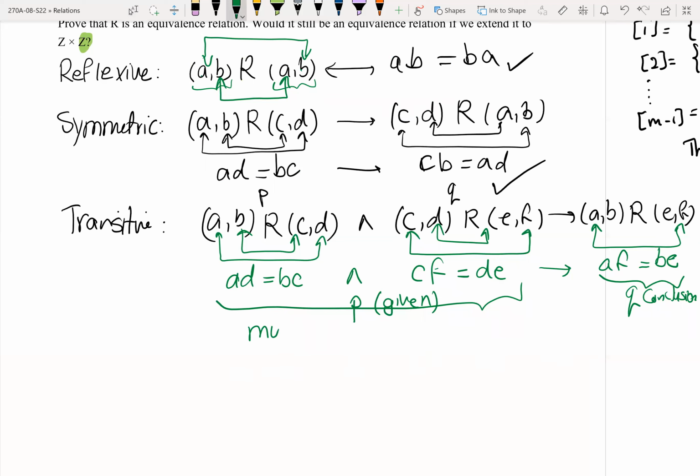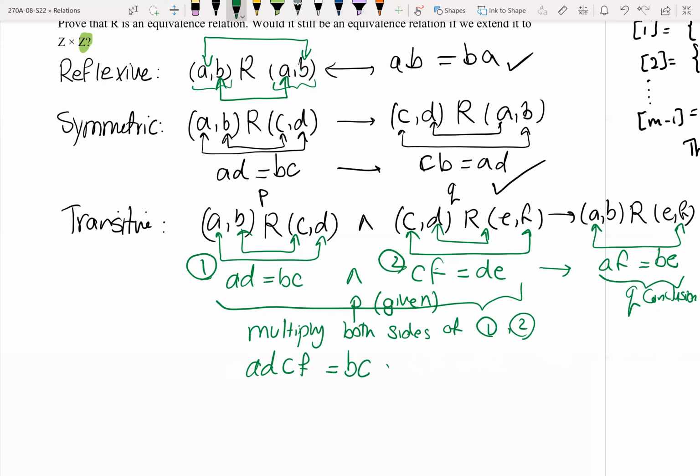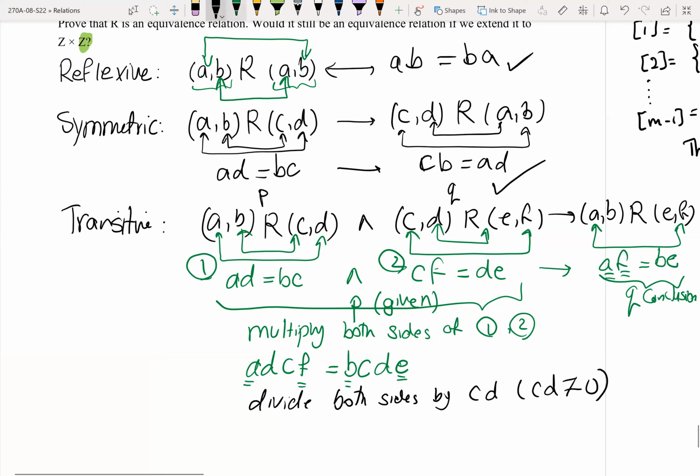So if you multiply both sides of 1 and 2, you have A, D, C, F and B, C, D, E. Looking over here, you need B and E, but you don't need the C and D. You need A and F, but you don't need the C and D. So you have to divide both sides by C and D, since C and D is non-zero.